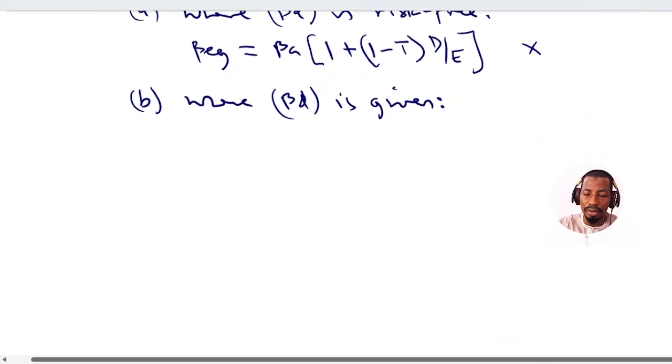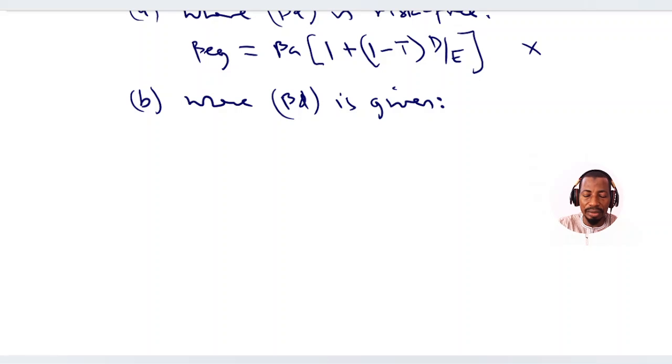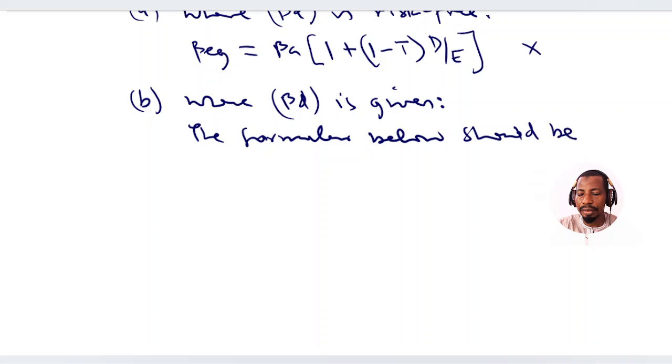So where debt beta is given, the formula below should be used to regear.